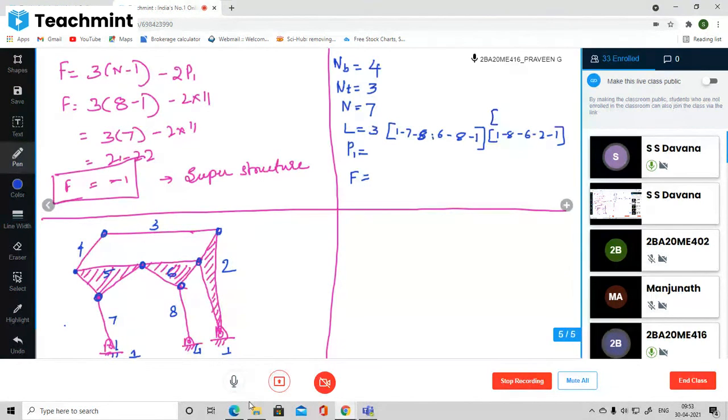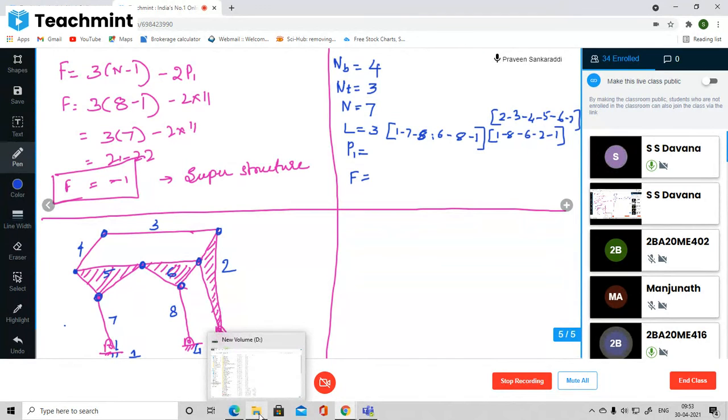Next, it has 2, 3, 4, 5, 6, 2. Right? It has 3 loops. Clear? Okay. So next you find out the number of pairs. You can go for counting.